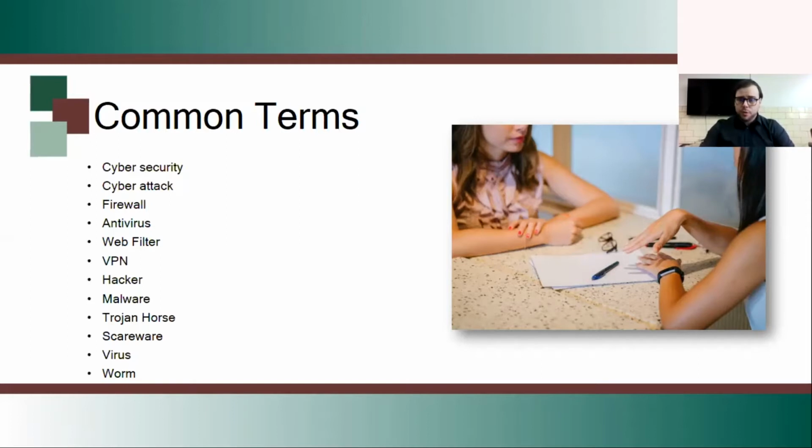A web filter works kind of the same. Usually you'd hear it as like a content filter or parental blocking. They are meant to outright block certain websites, certain domains. Usually they are set up without manual intervention. If a website has been reported where it will take you from the website you want to be on, send you to a different website, and attempt to download some malicious code, these are usually blocked outright.